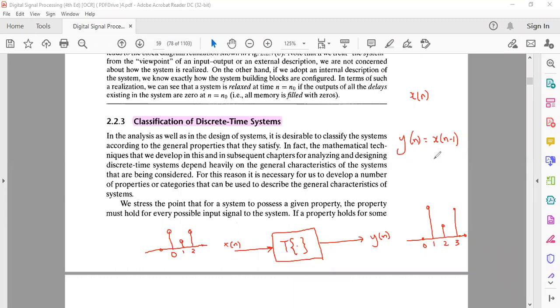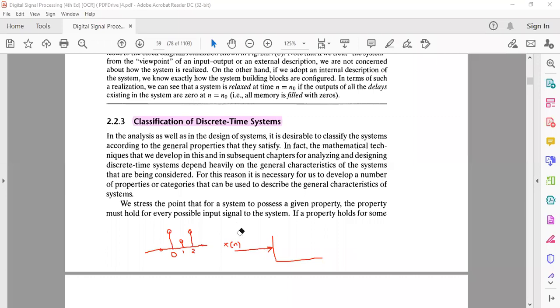There are several applications that systems can do. This is just an example of a discrete time system which operates by causing a time shift in the input to give an output. So we want to classify discrete time systems.